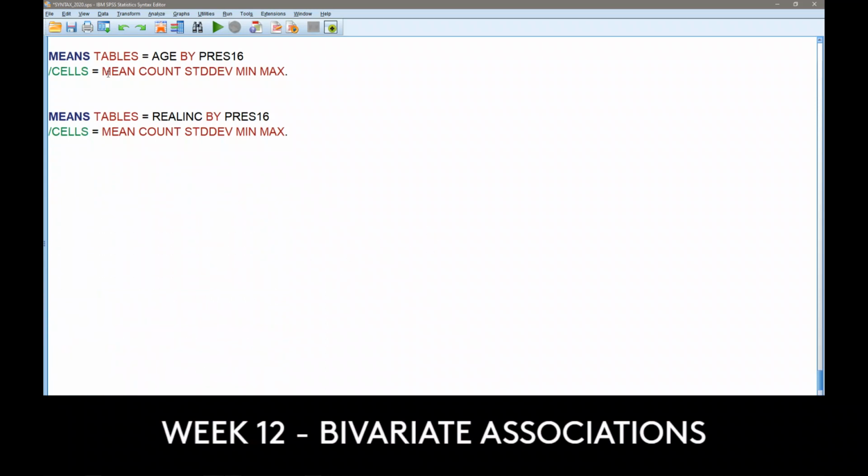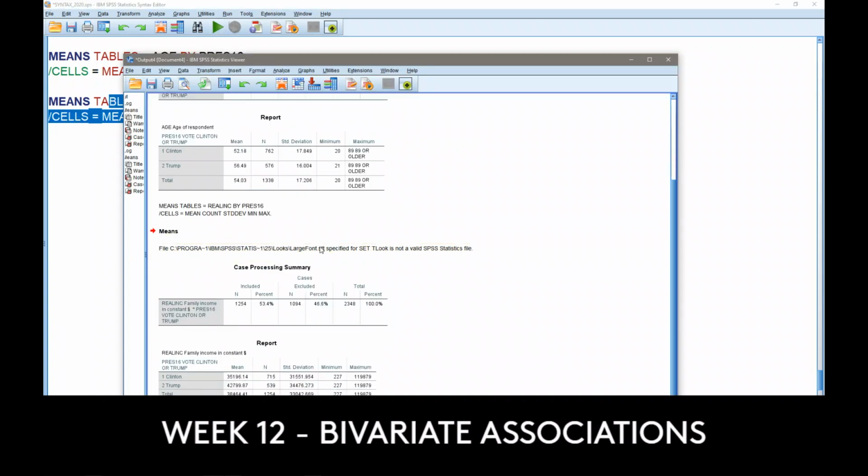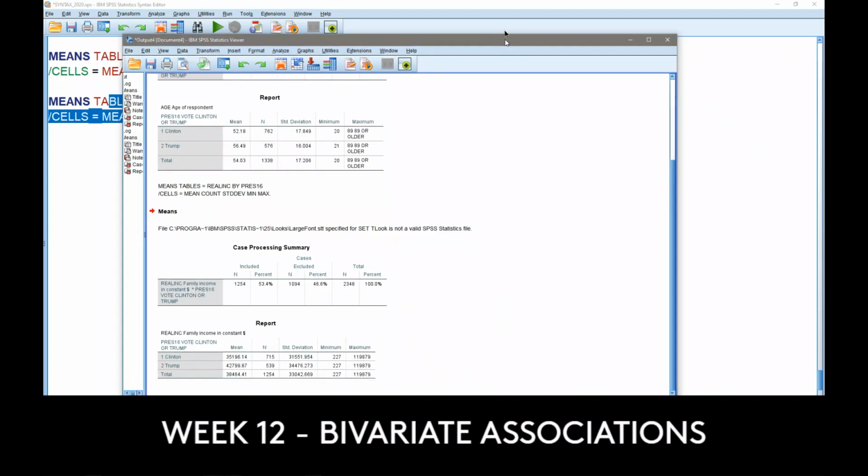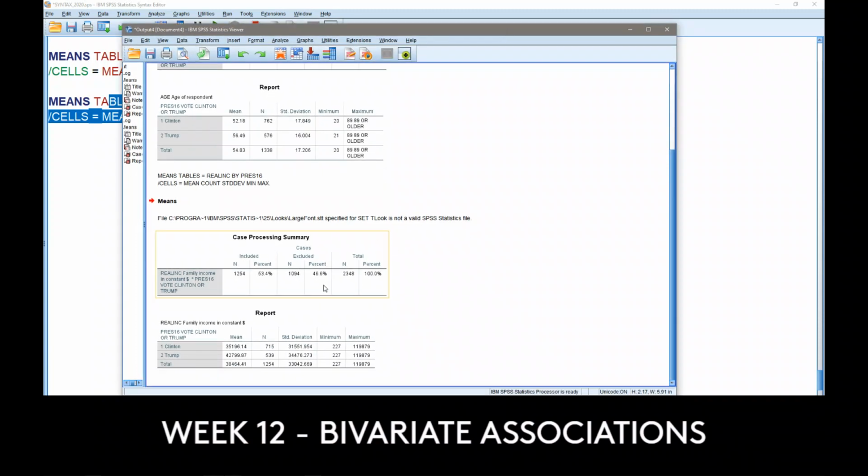I'm going to run a similar table looking at income by, again, this President 16 variable. So this table is going to allow us to see what the average income of respondents were selecting either Trump or Clinton as their presidential candidate.